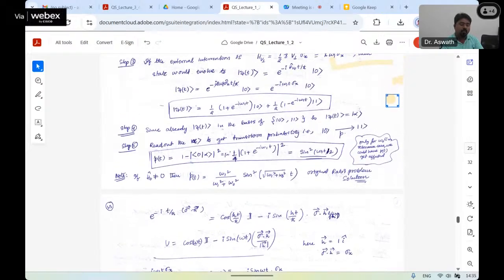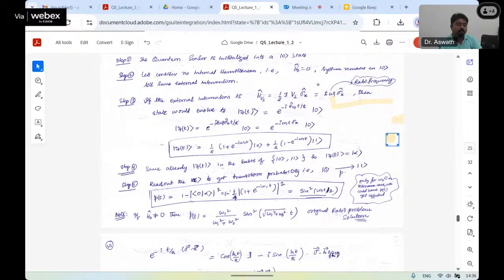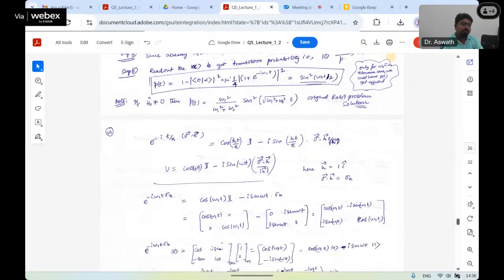Now the question is how I got from the exponential of a matrix to some operator form. How did I get from here to here? I have that in the next slide.